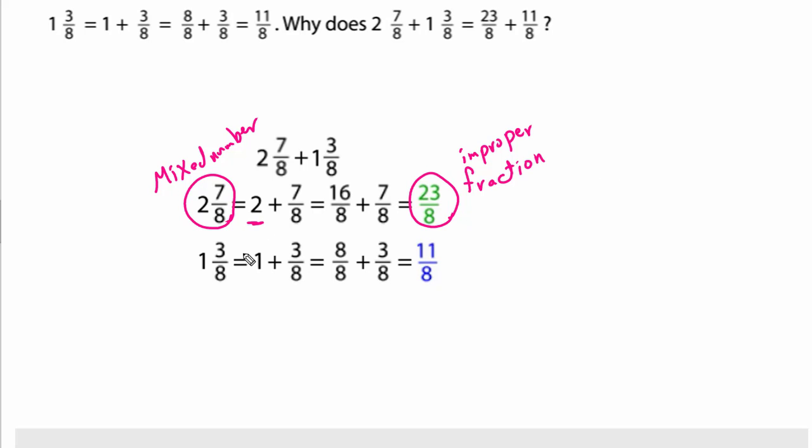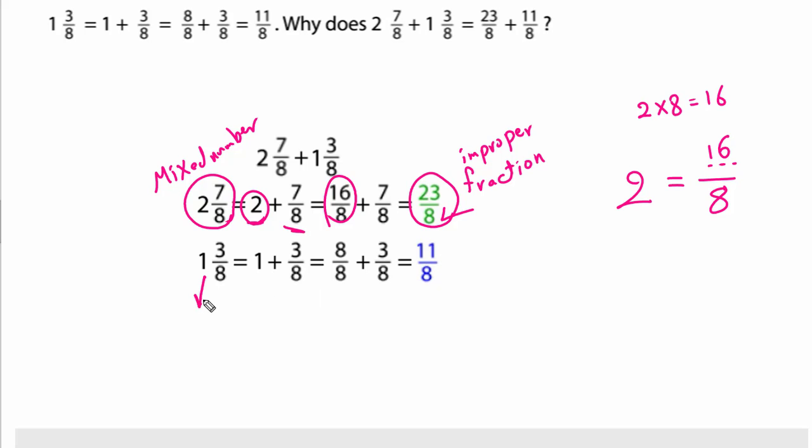It's 2 plus 7/8, and the 2 is 16/8. Why? Because 2 times 8 equals 16. So a whole 2 is equal to how many 8's? Equal to 16/8. Add them, you will get 23/8. The same here also. The whole one is 8/8. So 8/8 plus 3/8 gives 11/8.